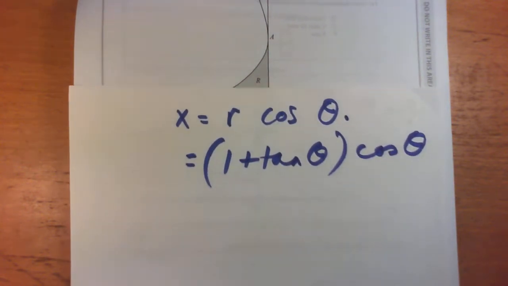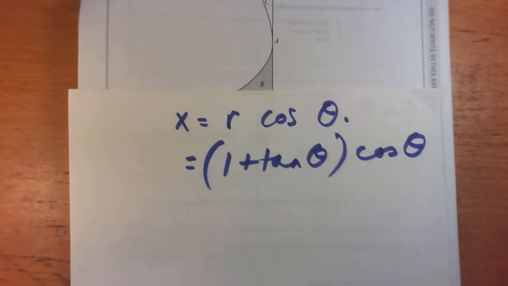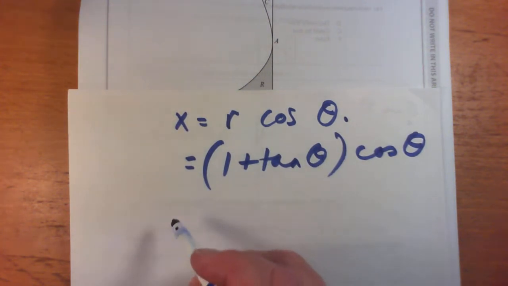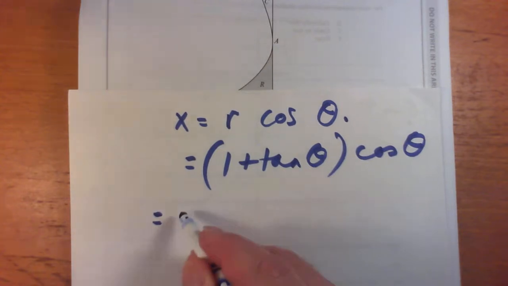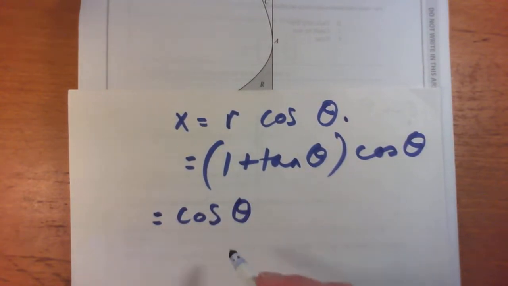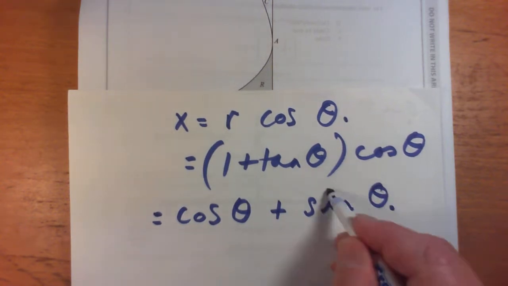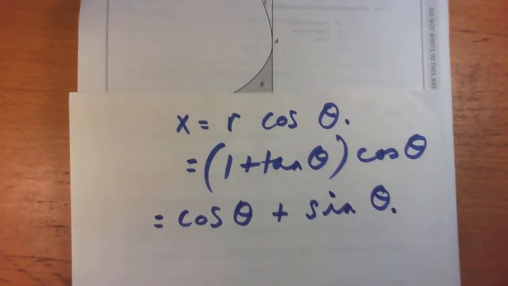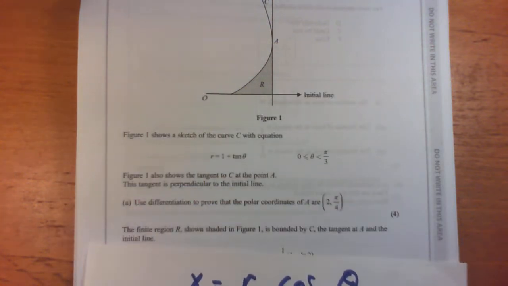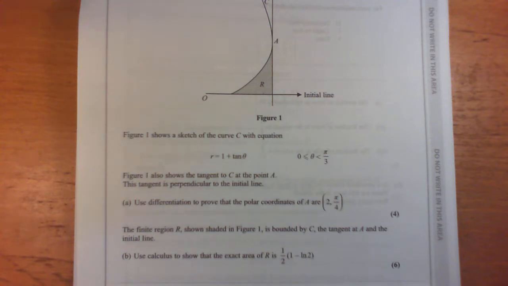Now, some people tried then differentiating that, but I would suggest it's a good idea always to simplify things before you steam ahead. So of course that simplifies, so yeah, I go from there, differentiate that with respect to theta, set it equal to 0, and that will give you then what the coordinates of A are.